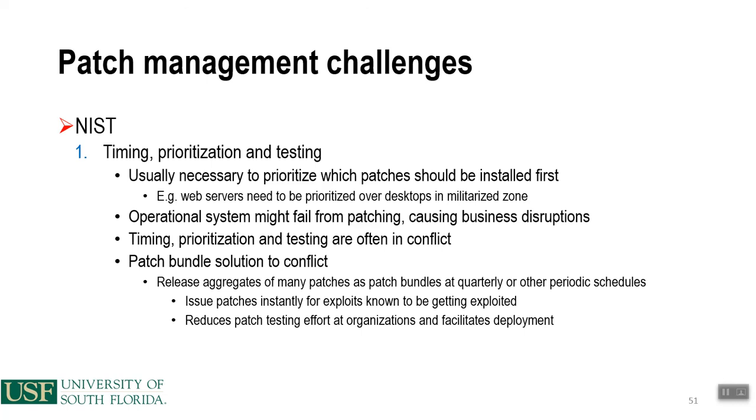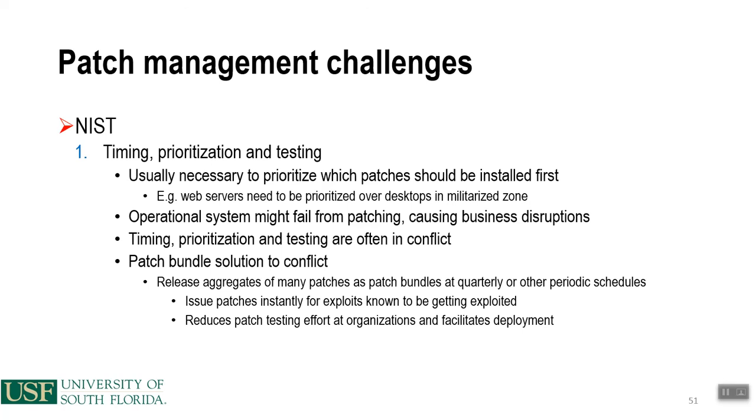The operational system might fail from patching, causing business disruption. So timing, prioritization, and testing are often in conflict. A patch bundle is a solution to this conflict: release aggregates of many patches as patch bundles on quarterly or other periodic schedules, and issue patches instantly for exploits known to be actively exploited.